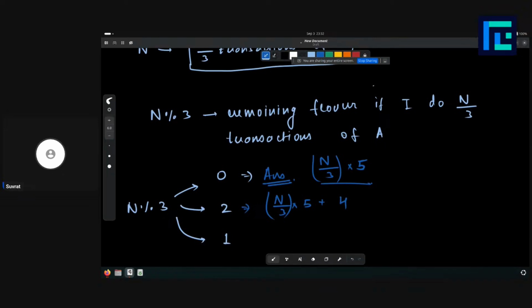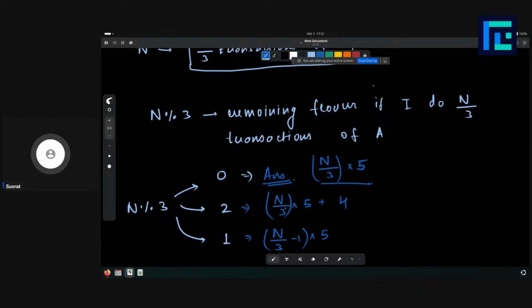And now if the remainder is 1, then basically that means that we cannot perform N by 3 transactions, because after performing N by 3 transactions, we are only left with 1 flower, and we cannot buy just 1 flower. So basically what we need to do is we can do N by 3 minus 1 transactions.